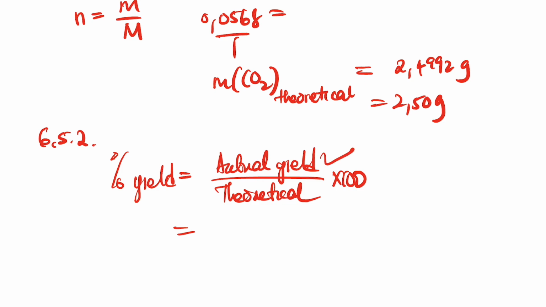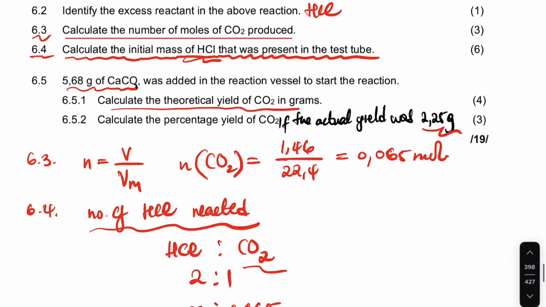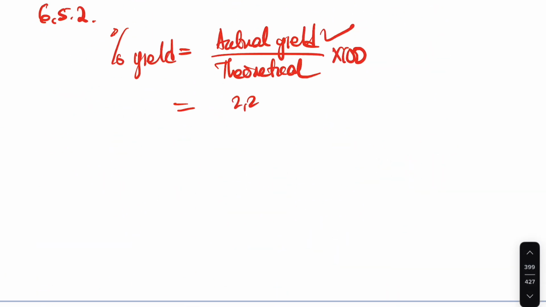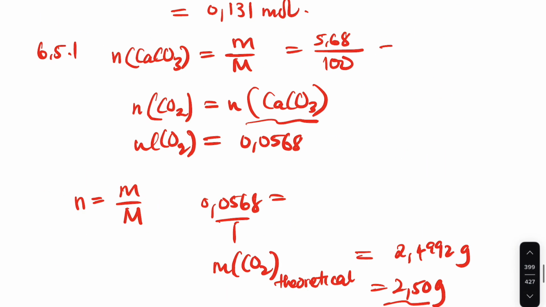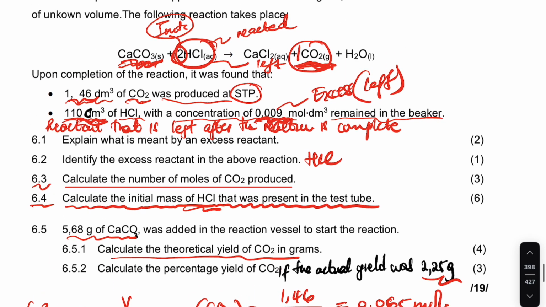The actual we're given there, it's 2.25. That's the one that was done experimentally. So it's 2.25 divided by the theoretical, which is 2.50, times 100. So it gives us 90%. All right, that's the final answer, the final question of question 6.